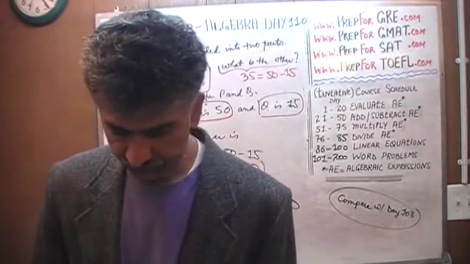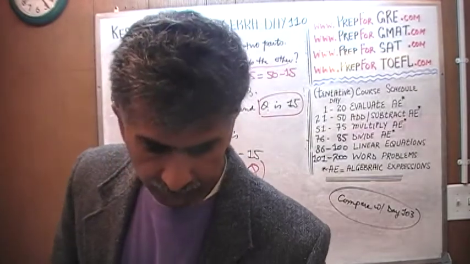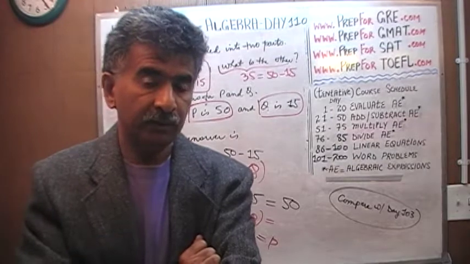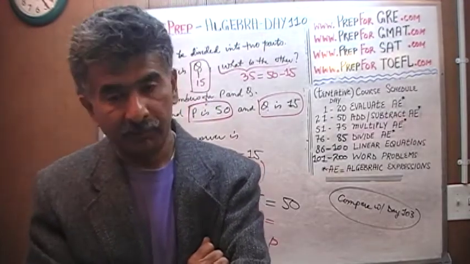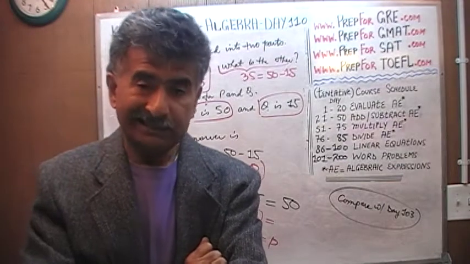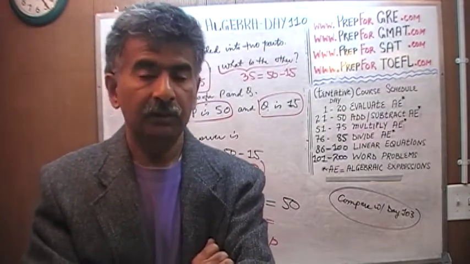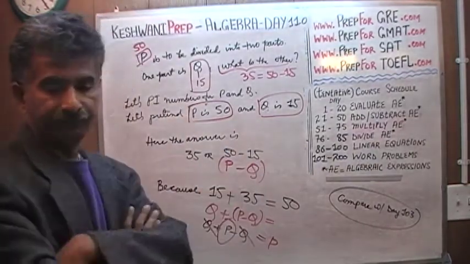Which makes sense, of course, as we said. If P is to be divided into two parts and one part is Q, then the other part has to be whatever is left over from P once you take away the Q. The part that is left once you take away the Q from P is P minus Q. That's all. That's the answer, P minus Q.